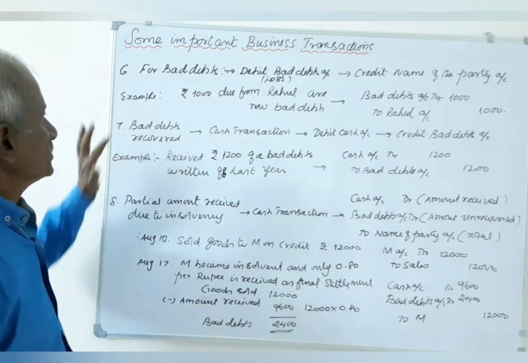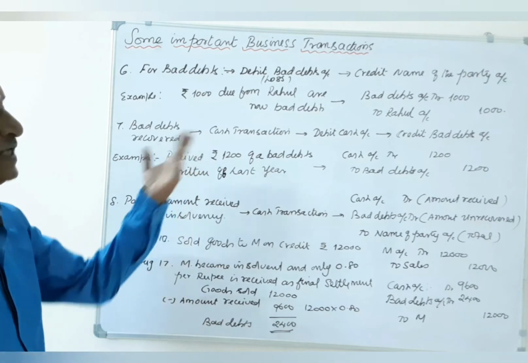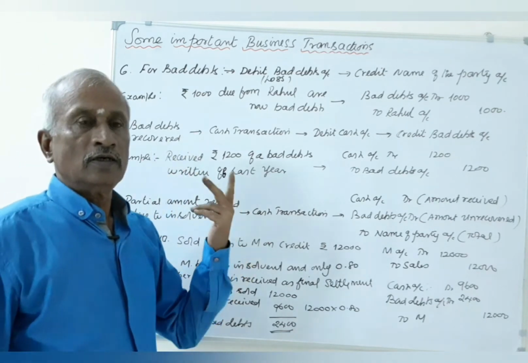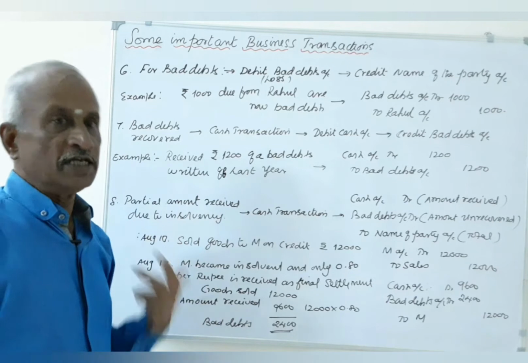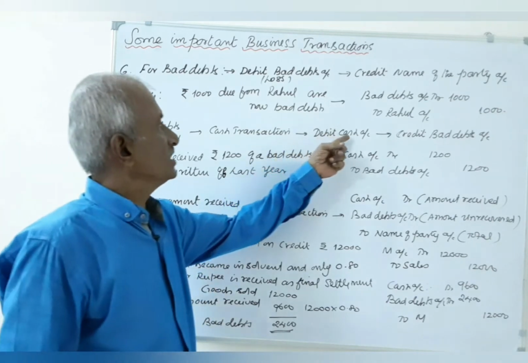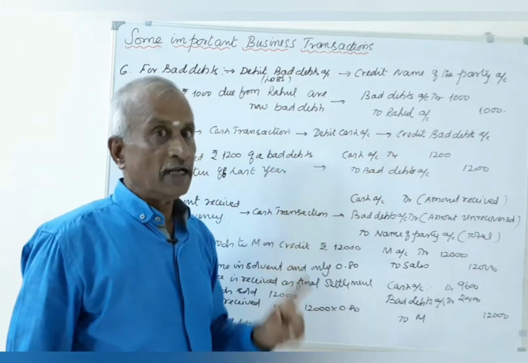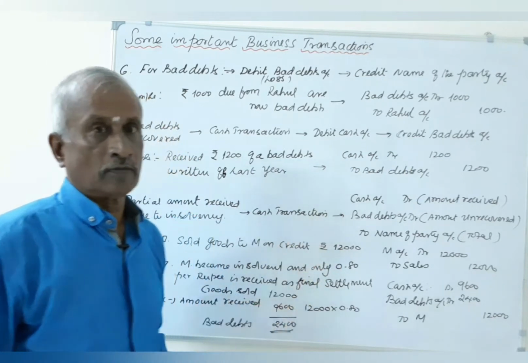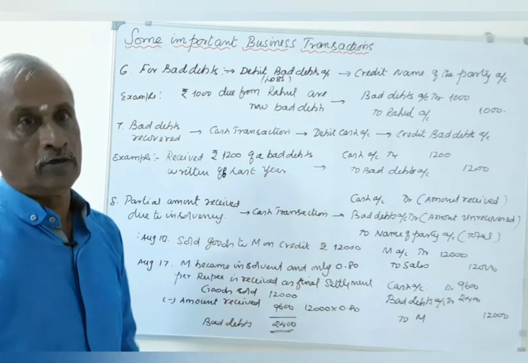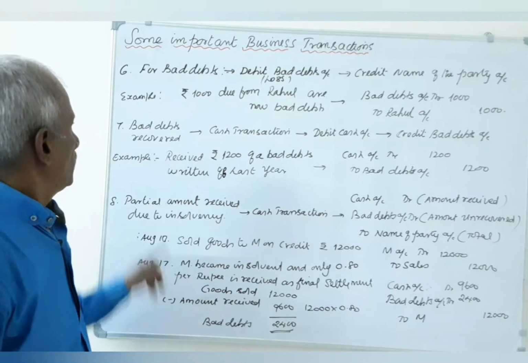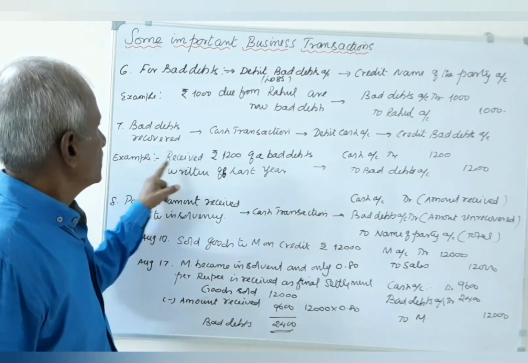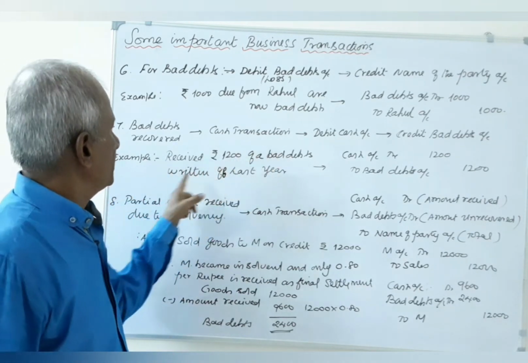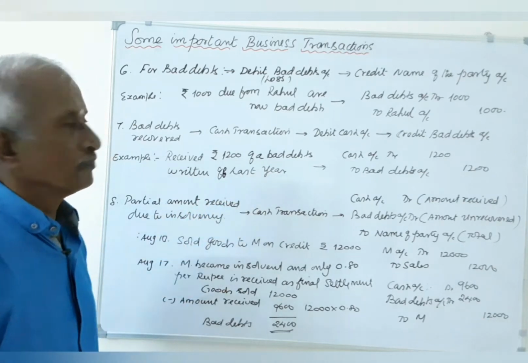Then 7, bad debts recovered. Now this is nothing but a cash transaction, a receipt. So debit cash account and credit bad debts account in place of name of the party, because it is bad debts recovered. Let us see an example. Received 1,200 of a bad debts written off last year.